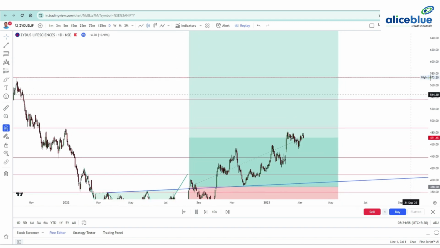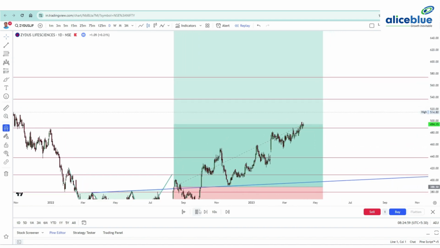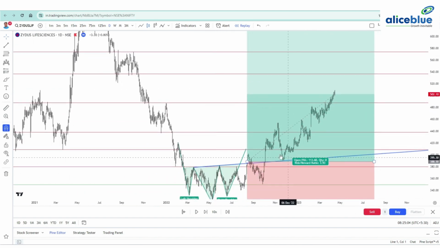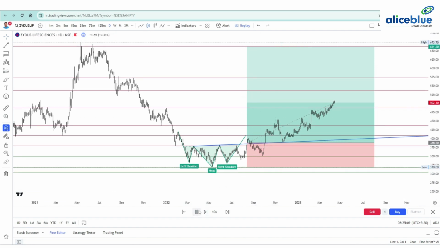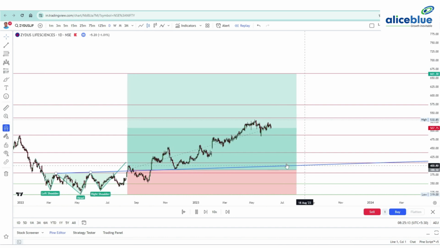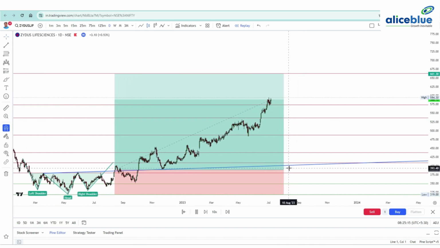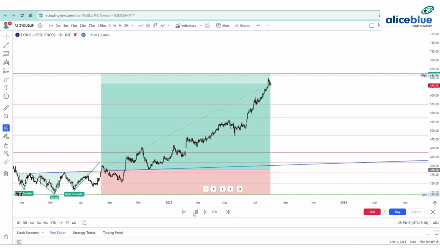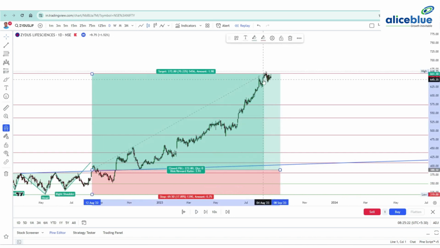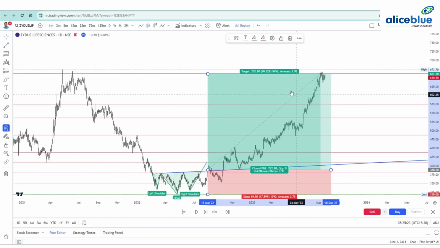So you can see here the price is completely shifting from downtrend to uptrend. Let's wait and see if the target is achieved or not. Right, you can see almost 70% of our target is achieved, 272 points.